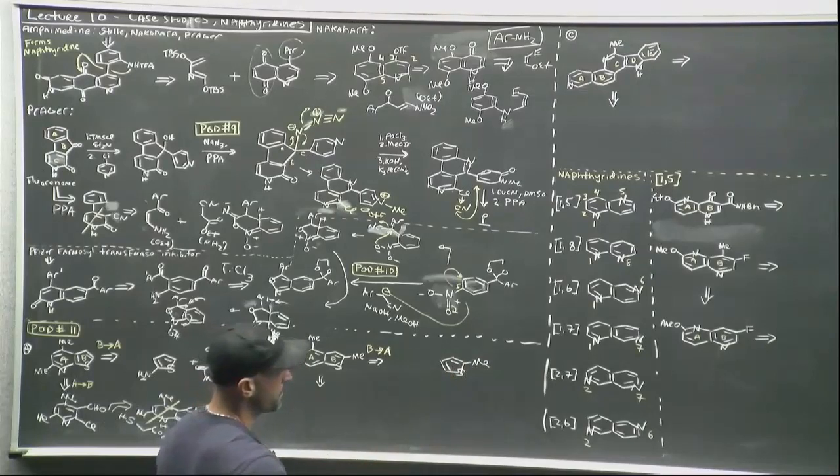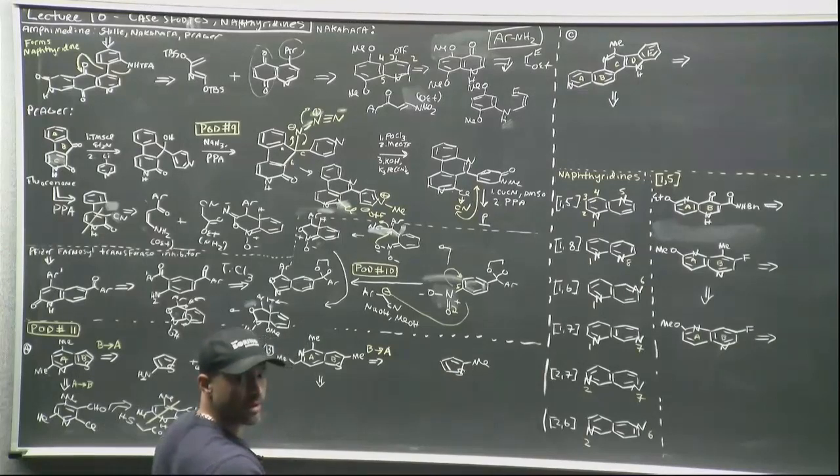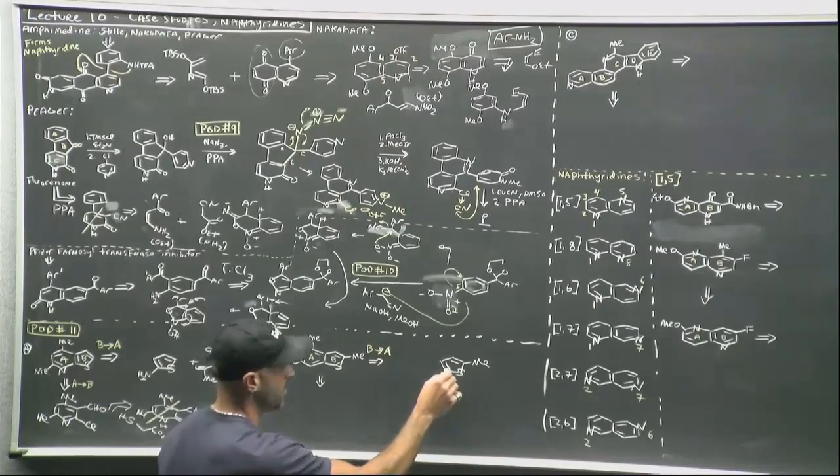Can we use the innate reactivity of the 2 position of the furan to attack a carbonyl? Intermolecularly or intramolecularly? Or what do you mean? Inter. So what, you want to put some carbonyl here?